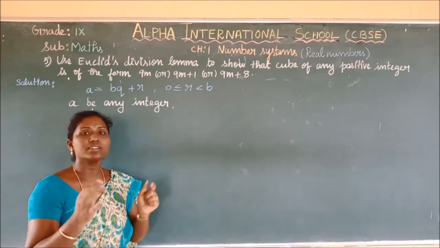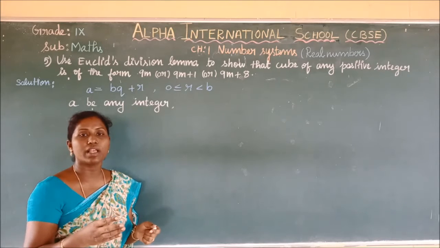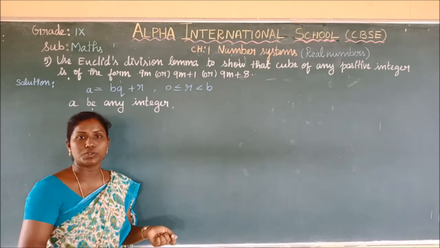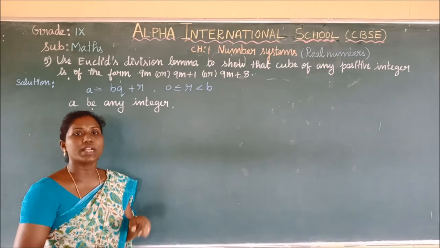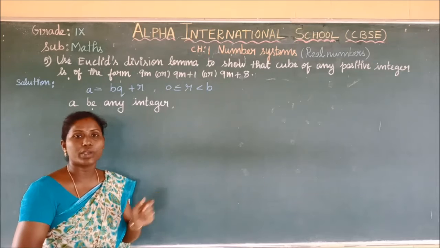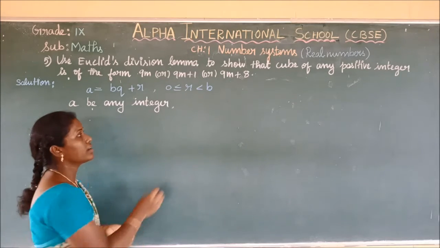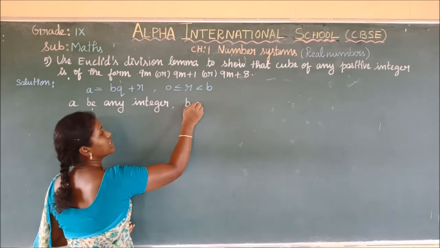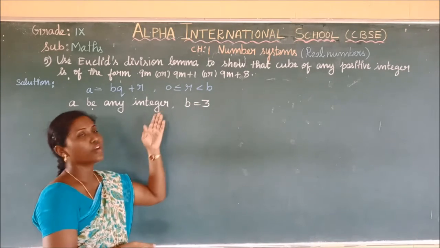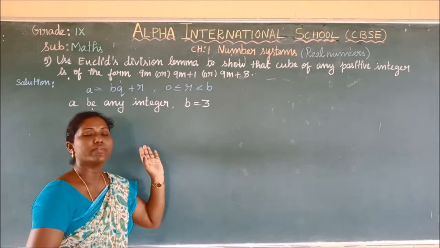If 9 is considered, the remainders will be from 0 to 8. For that, how many cases do we have to solve? So we are going to consider the divisor b as 3. See here, we are going to take b as 3, because if you take b equal to 9, it will be very big.